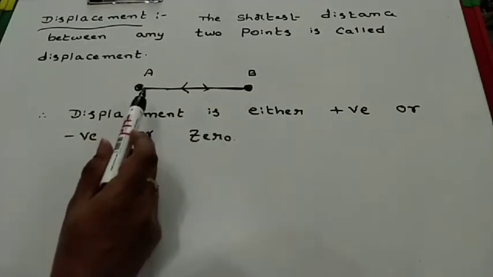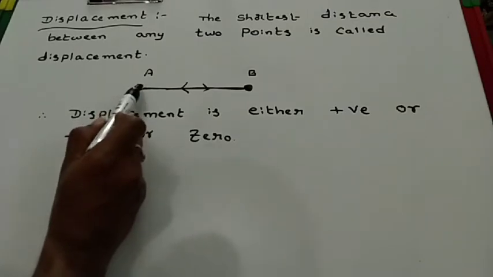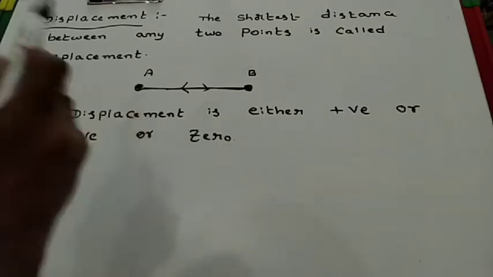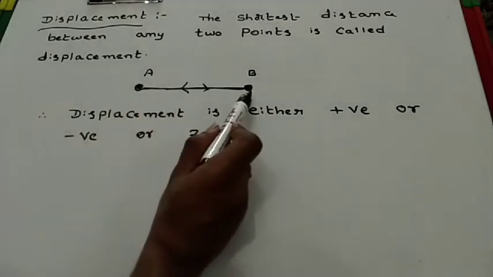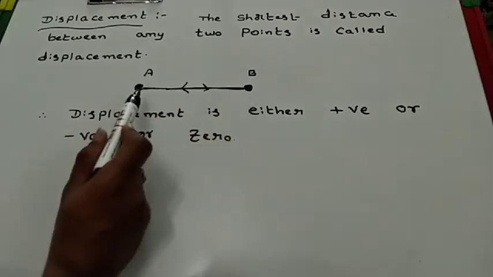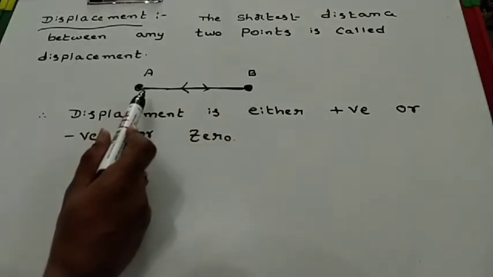Now consider that at present the particle is at A. What is the displacement? Zero. From A to B, consider plus 1 meter, a positive displacement. From B to A, consider minus 1 meter, a negative displacement.